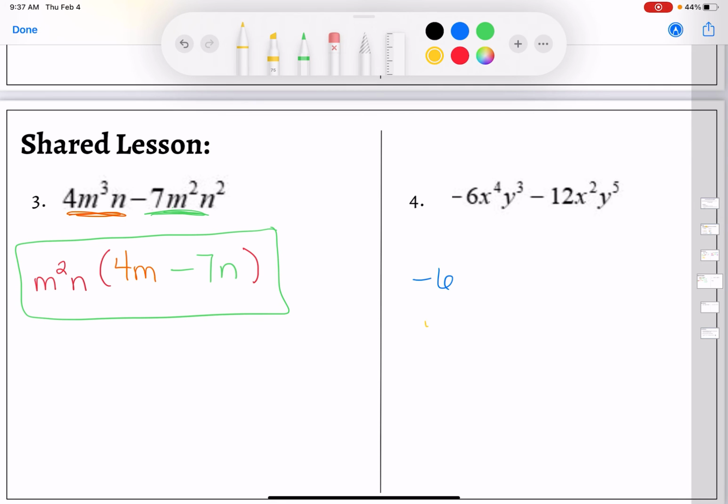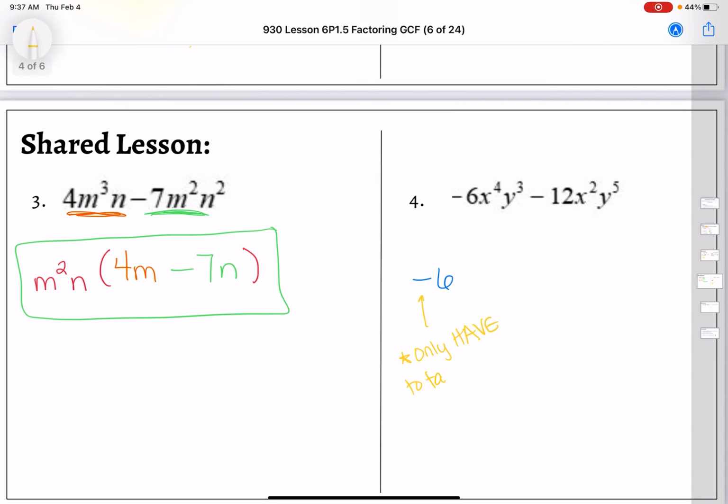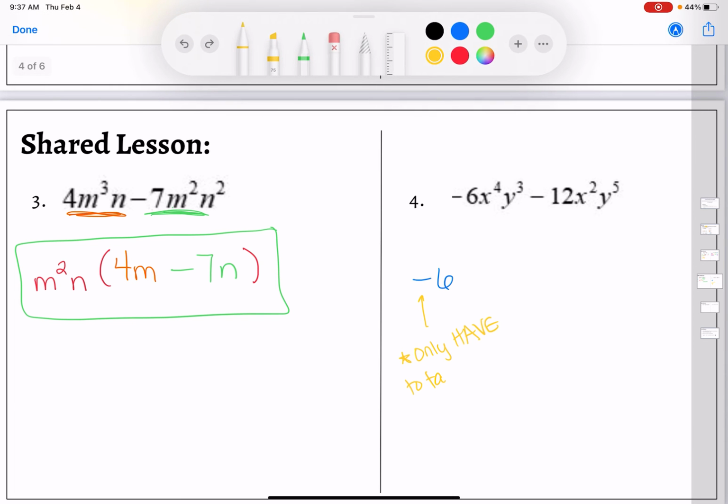So the only time that you have to take it out as a negative number is if all the terms are negative. So you only have to, I should say, factor. That would make more sense. Sorry.